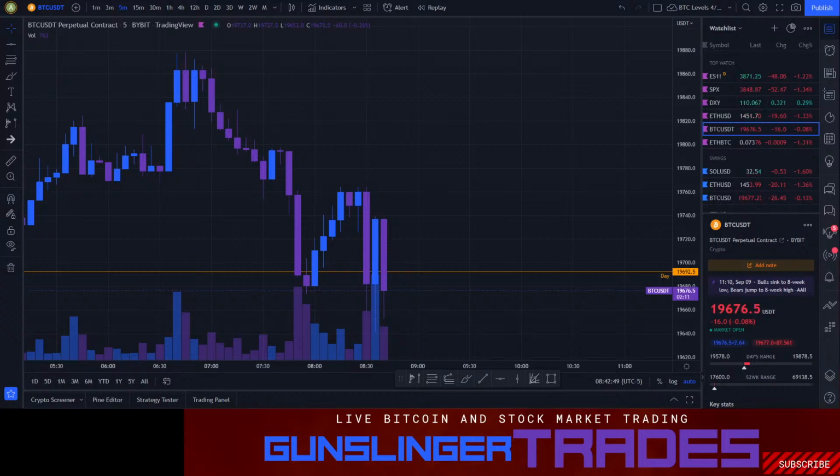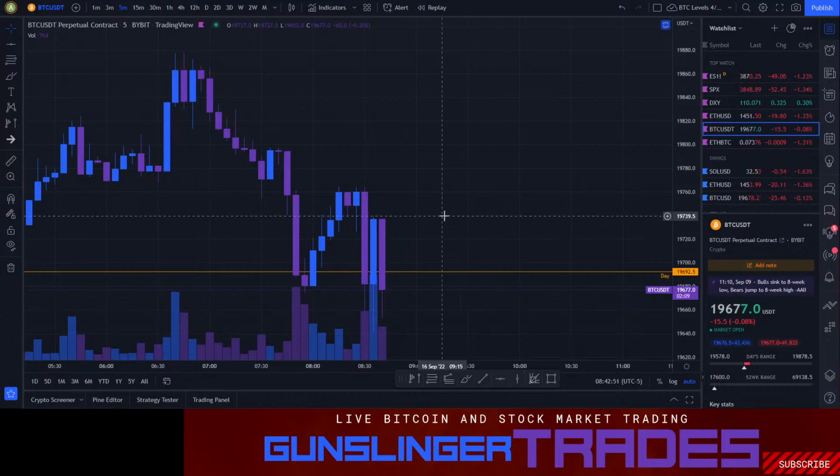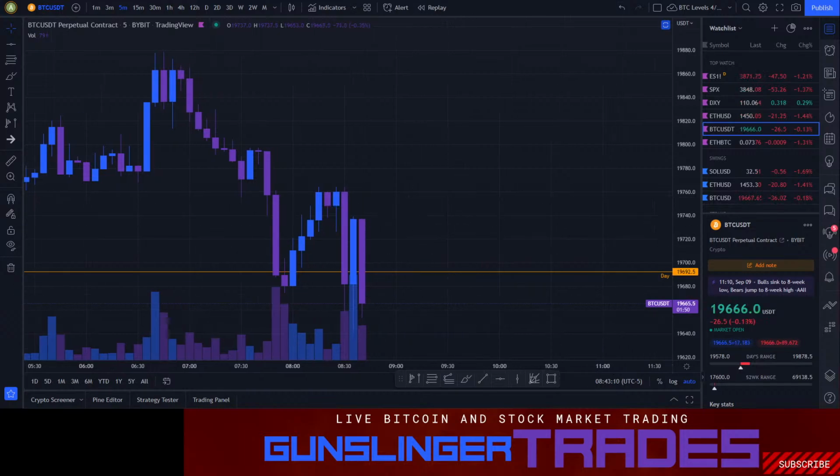I do use VWAP a lot, yes, within XO charts. I don't really use the session VWAP too much, but it is good for trends. I believe the VWAP is kind of better than EMAs, in my opinion.